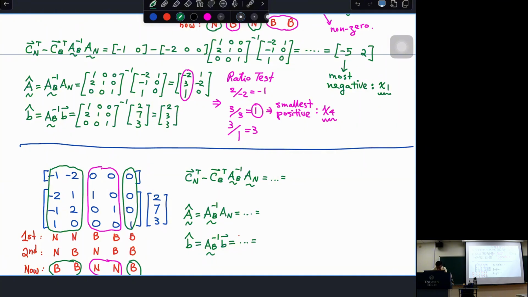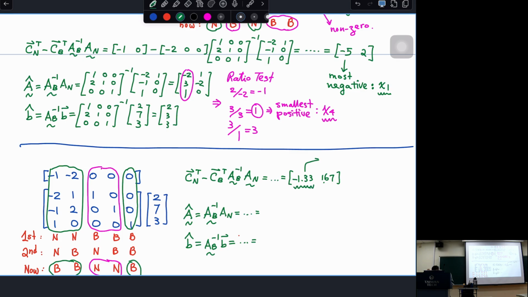The result would be -1.33 and 1.67. So over here, if you do that, so right here, this one is the most negative.